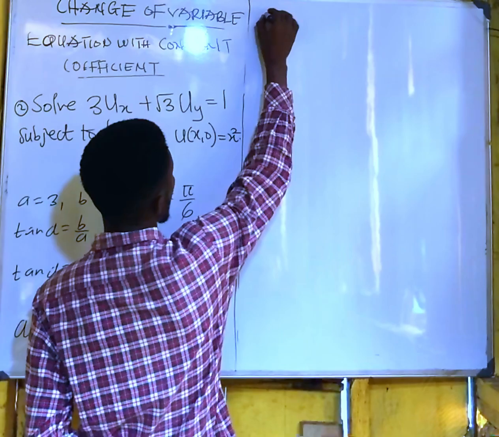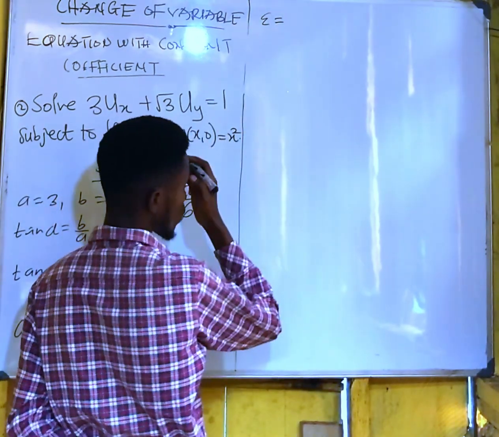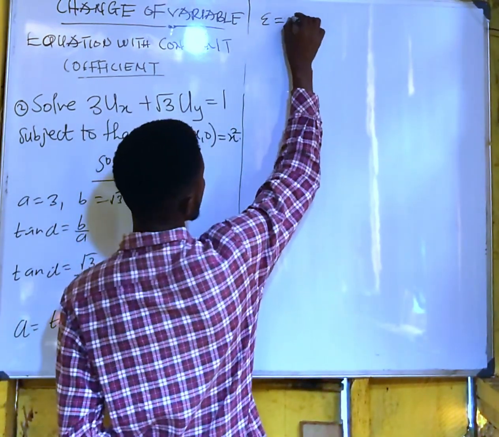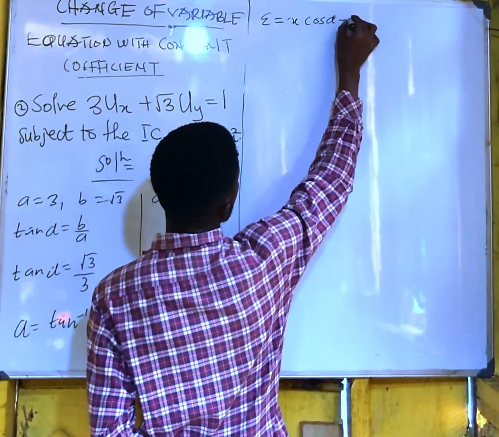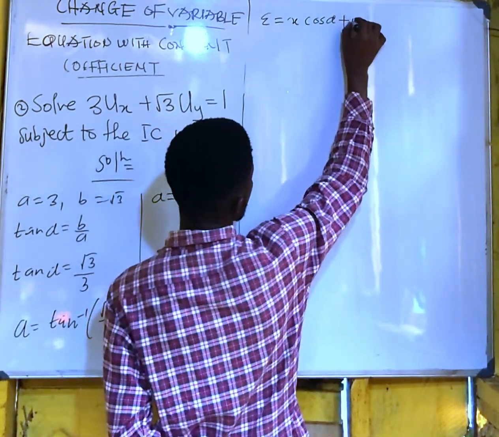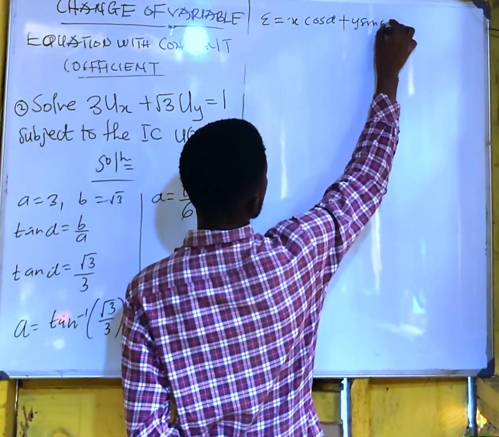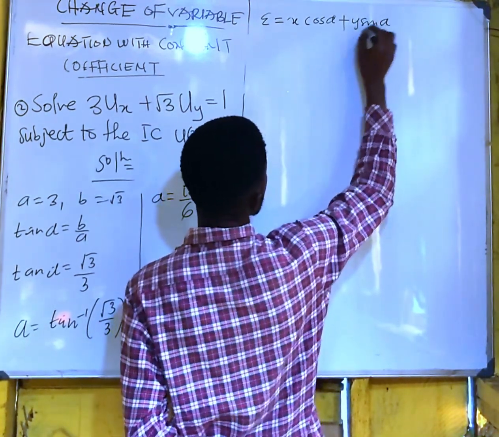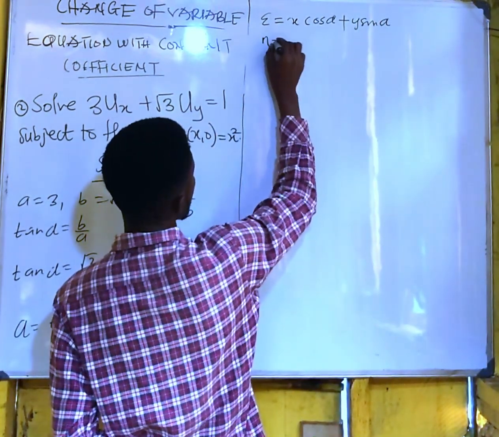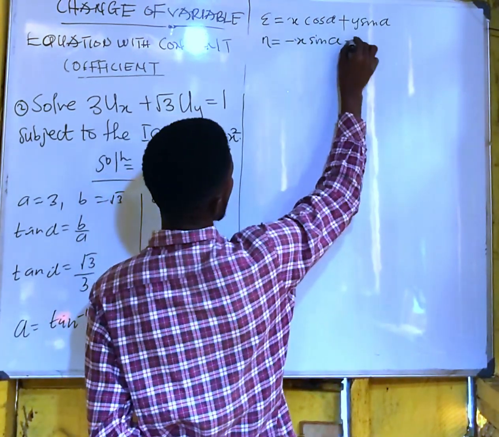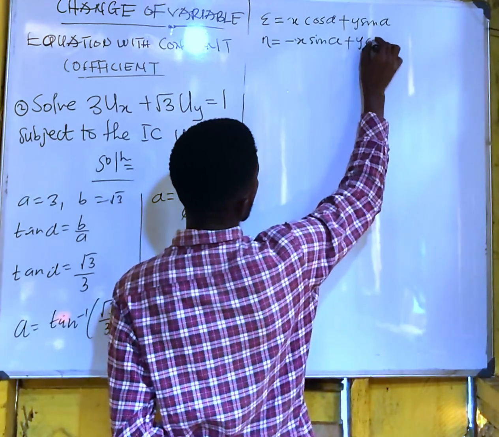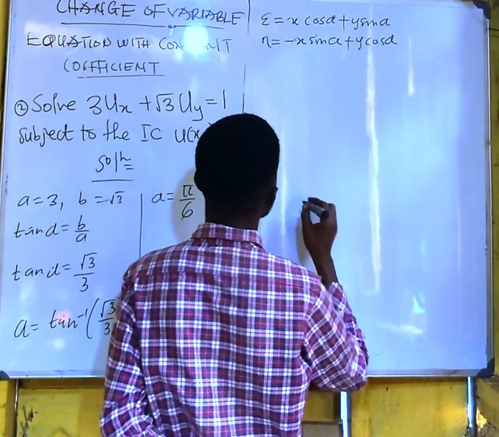So our xi is x cos alpha plus y sine alpha, and our eta is negative x sine alpha plus y cos alpha.